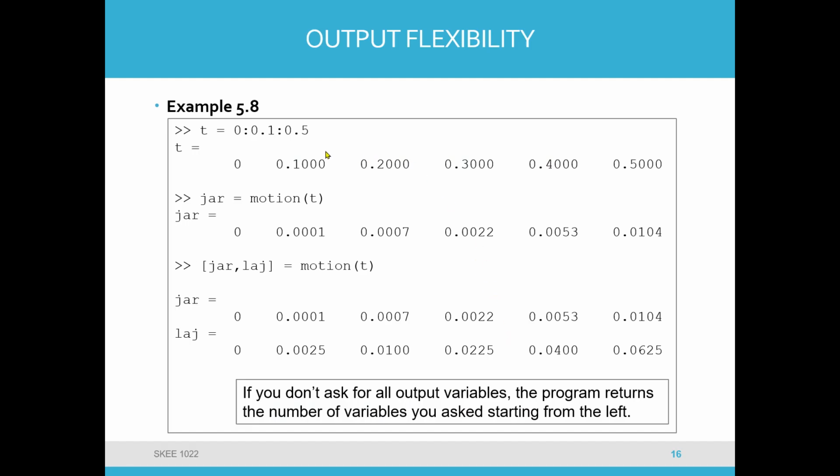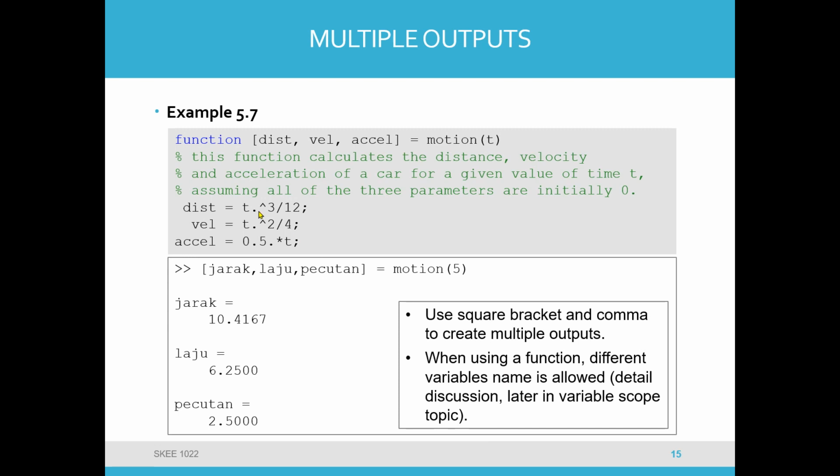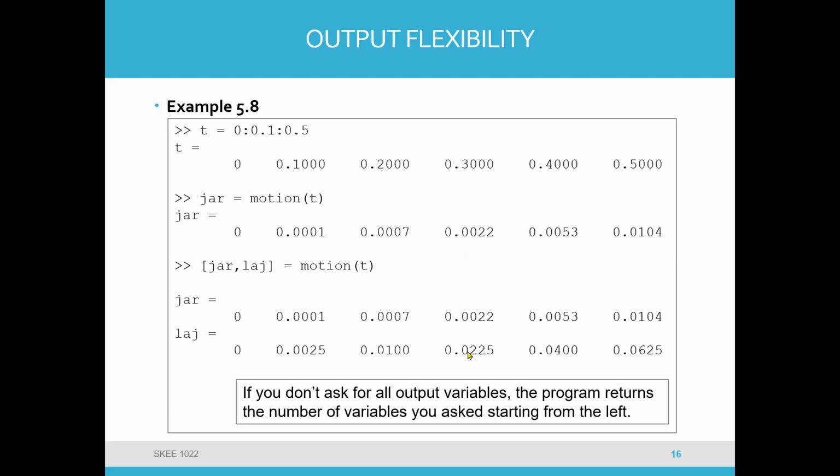What happens if you have multiple input? You have a single input, but that input is an array. For this case, make sure that your program can support it. It's an array operation, so it should be supported. Let us try it.